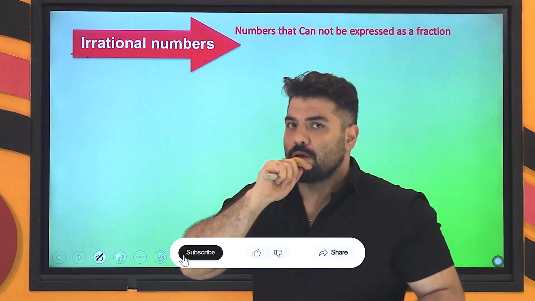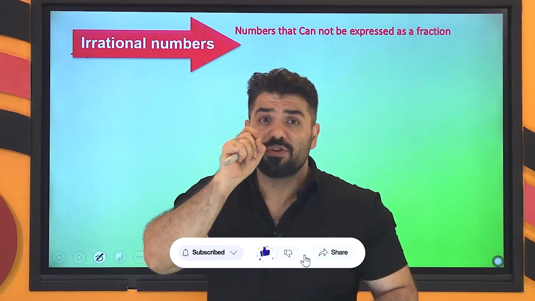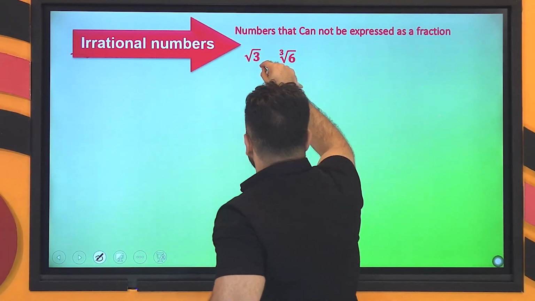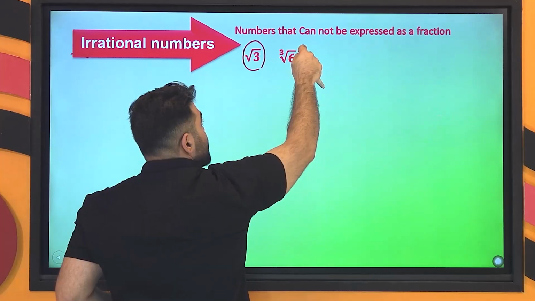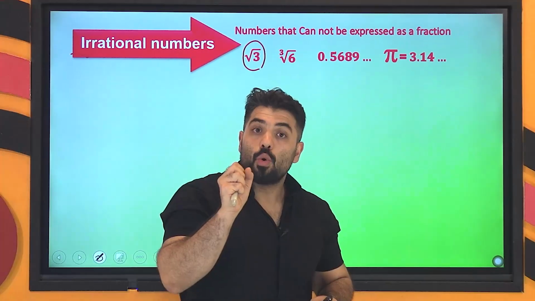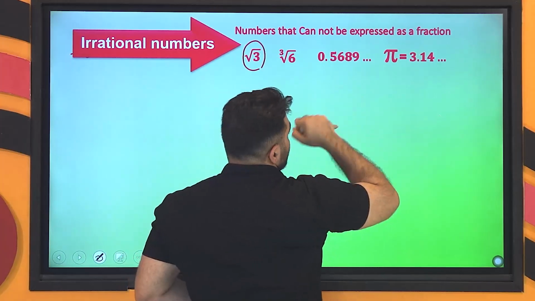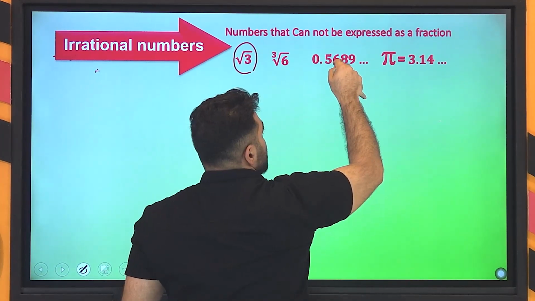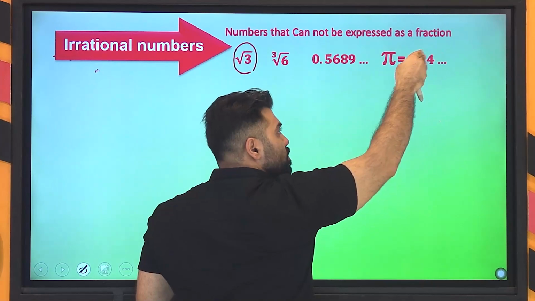Every radical number that can't get rid of radical belongs to irrational numbers, like square root of 3, third root of 6. And every unterminated decimal number without repeating string belongs to this category, like 0.568, so forth.